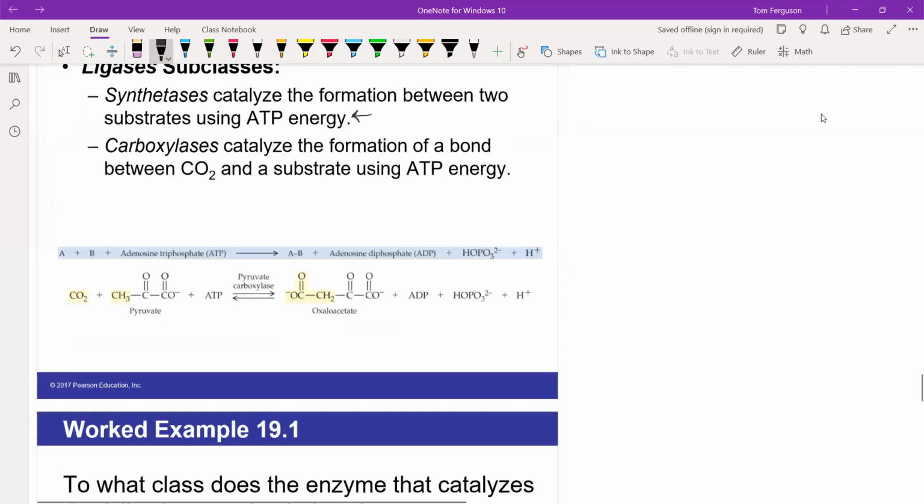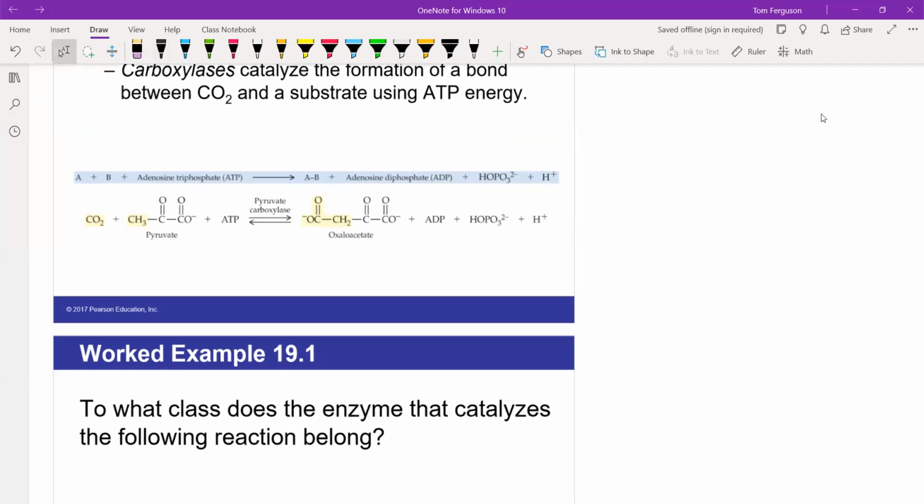For example, down here, in this case, it's a carboxylase.